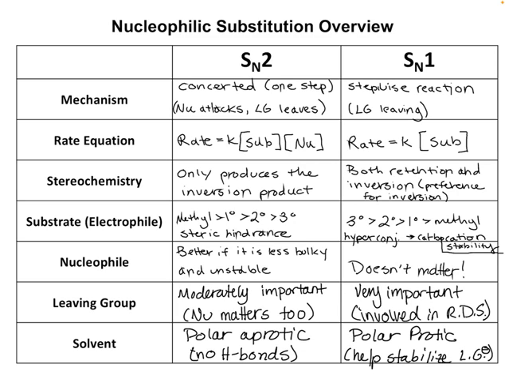All right, so hopefully this chart helps a little bit when you're thinking about SN2 versus SN1. And let's actually go over a practice problem before we end the lecture. All right, so let's say that we have the following.